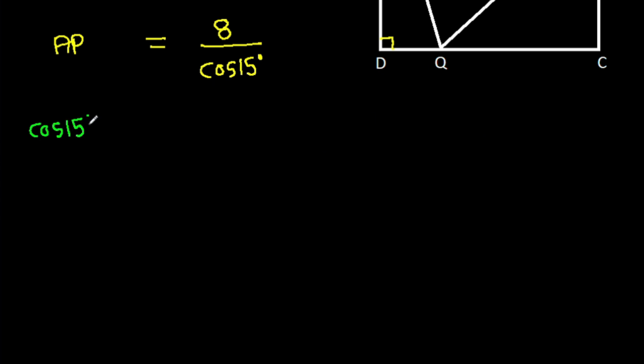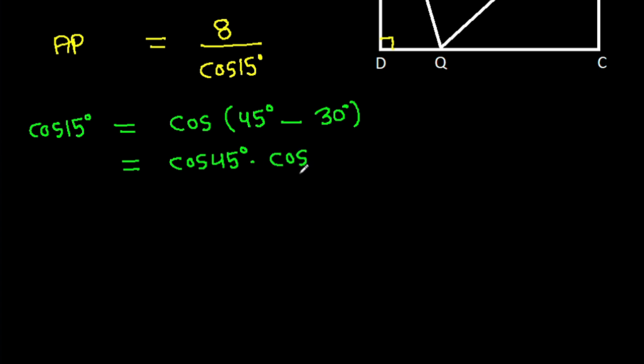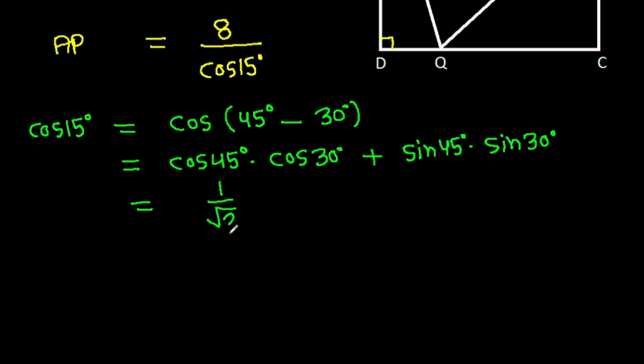cos 15 degrees is cos of 45 degrees minus 30 degrees, that will be cos 45 degrees times cos 30 degrees plus sin 45 degrees times sin 30 degrees, and it is 1 over root 2 times root 3 over 2 plus 1 over root 2 times 1 over 2.